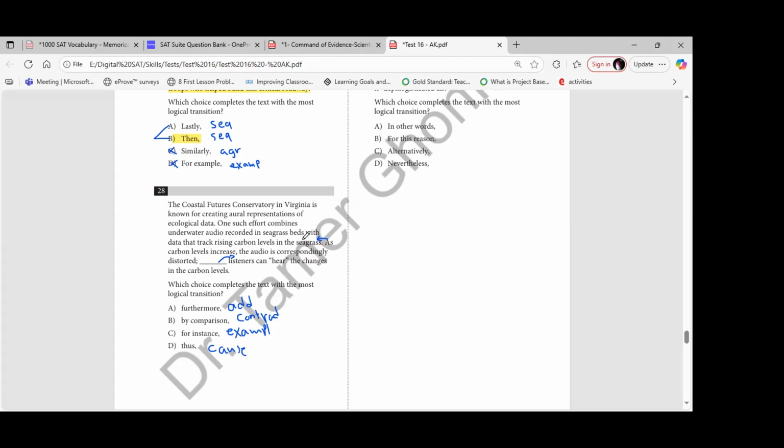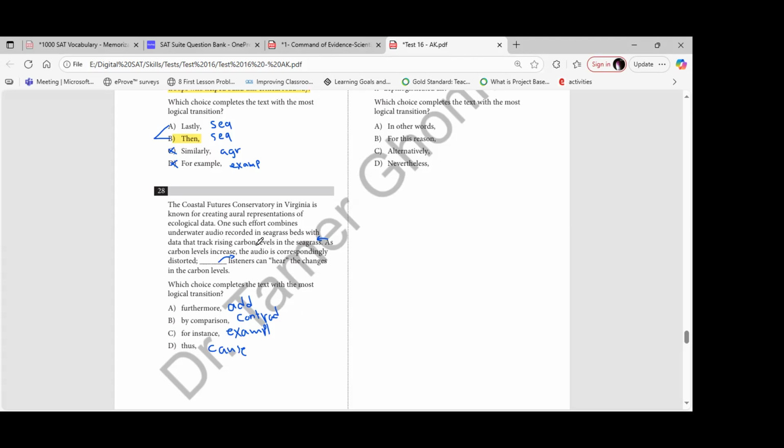But let's read. He said one such effort combines underwater audio recorded in seagrass beds with data that track rising carbon level in the seagrass. As carbon level increases, the audio is correspondingly distorted. Then he said, listeners can hear the change in the carbon level.